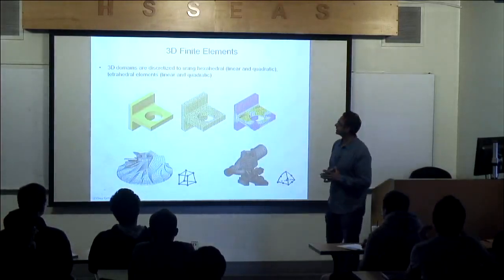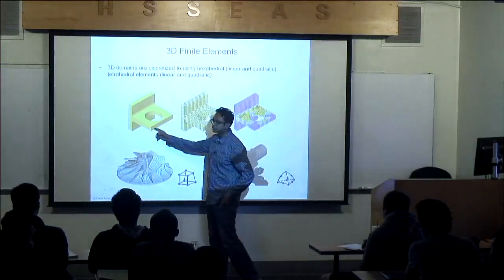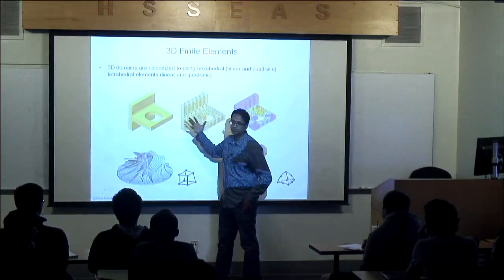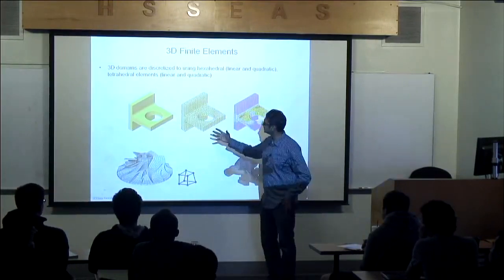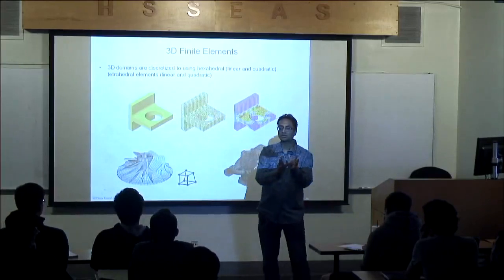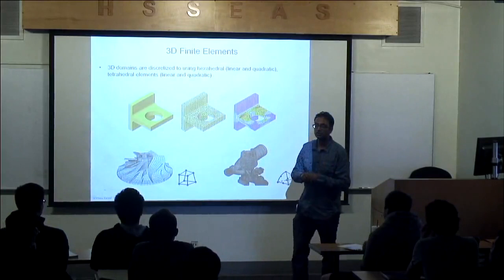With 3D finite elements, the idea is that you'll use hexahedral elements to discretize the domain. You have a CAD model. You discretize that domain. What you're really doing is discretizing the domain into elements that you can then map to standard-looking elements, on which you can now solve the partial differential equation.